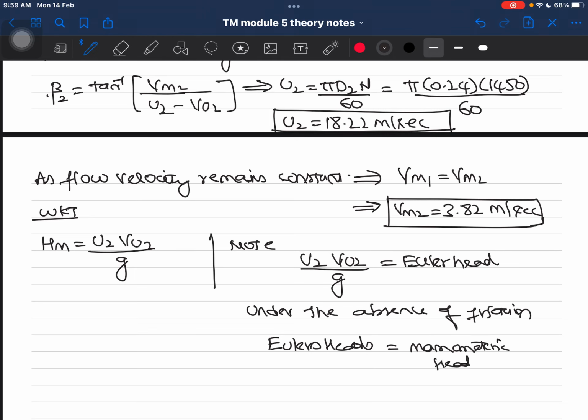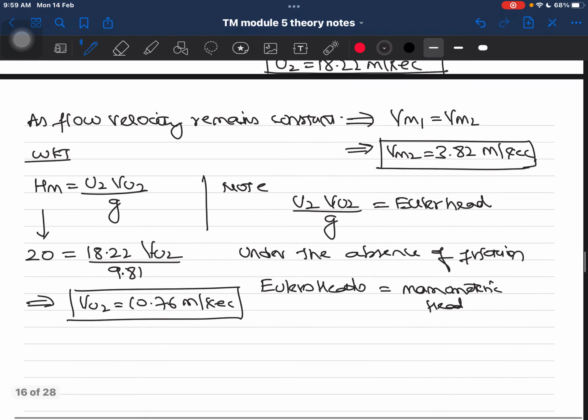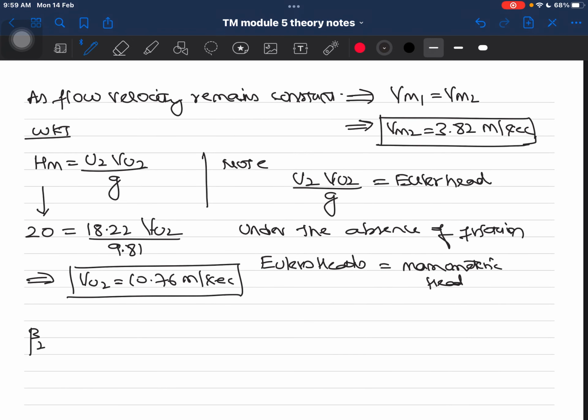That is why I have taken HM equal to U2 Vu2 divided by g. The value of HM is given in the problem as 20, U2 you have calculated as 18.22, Vu2 you have to calculate now, divided by g, which is 9.81. So from this, the value of Vu2 would be 10.76 meters per second.